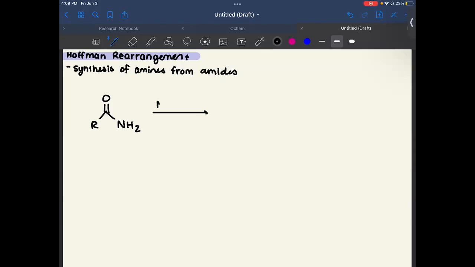We're going to react it with the base NaOH and the halide Br2, as well as H2O, and we're going to add heat in there. And with this, we are going to get the final product of this product and CO2. So that's the basic reaction.